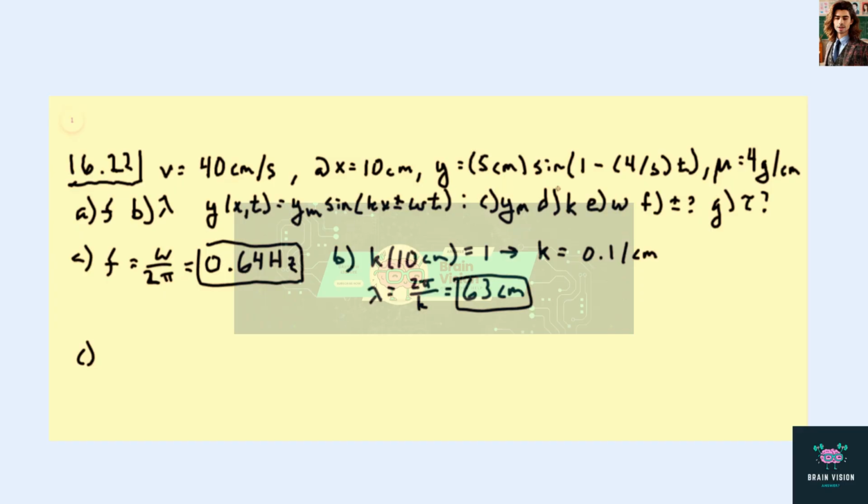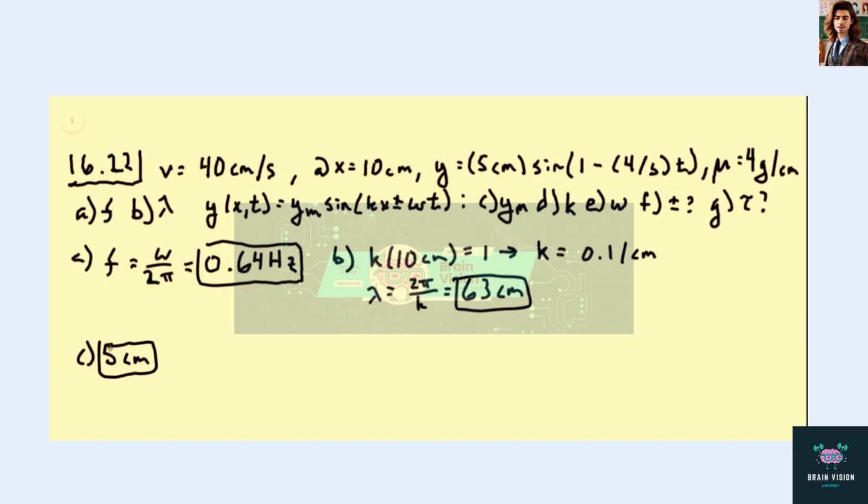So just comparing this with this now, we see that 5 centimeters is the amplitude. We already found that the wave number that would go in here, based on this, is 1/10 radians per centimeter.